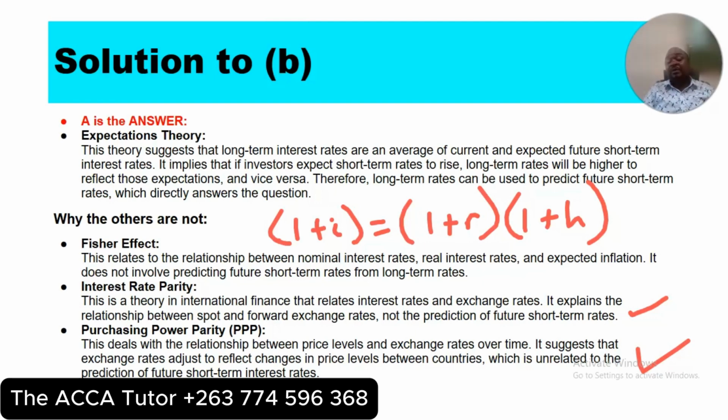The purchasing power parity theory, on the other hand, deals with the relationship between price levels and exchange rates over time. It suggests that exchange rates adjust to reflect changes in price levels between countries, which is unrelated to the prediction of future short-term interest rates.